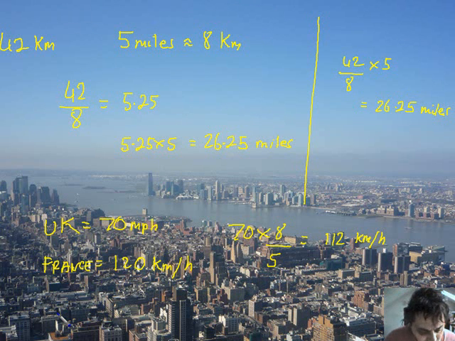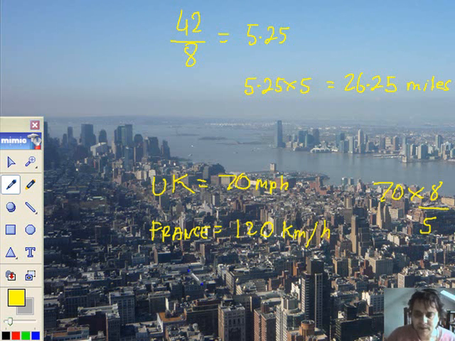So Jill says the UK motorways have a faster speed limit. No. 112 kilometers per hour is slower than 120.